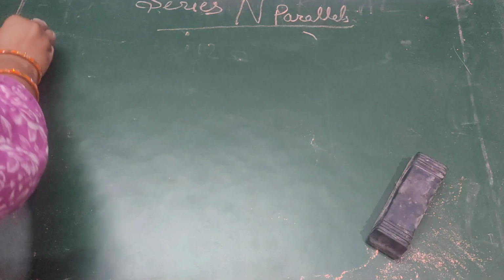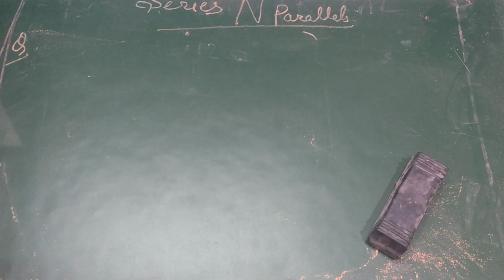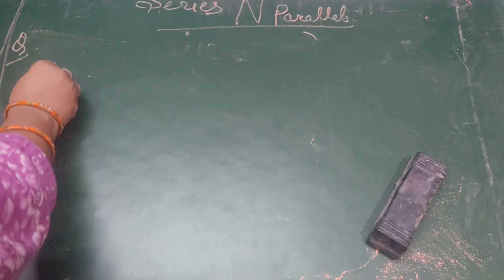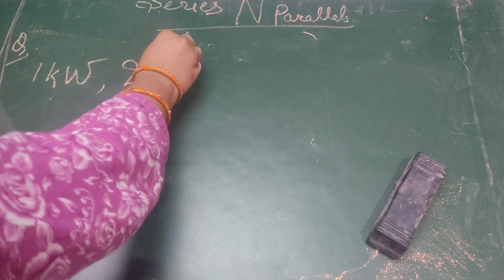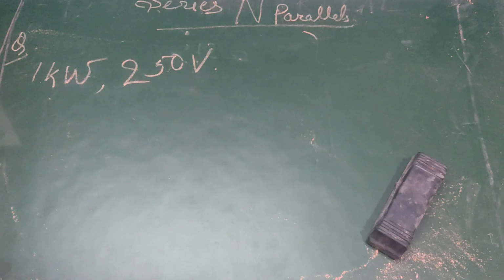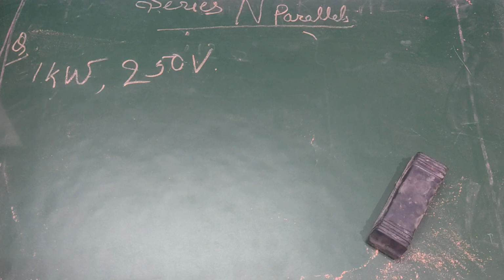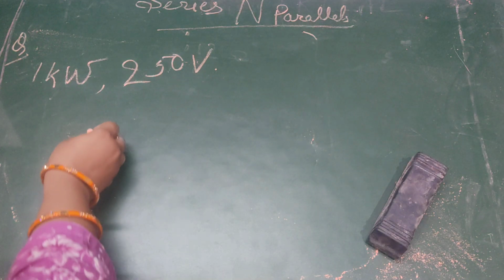Next question. An electric iron is rated as 1 kilowatt, 250 volt. Calculate the current taken by it if it is connected to a 220 volt supply.